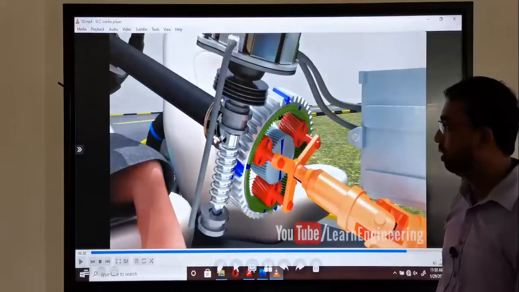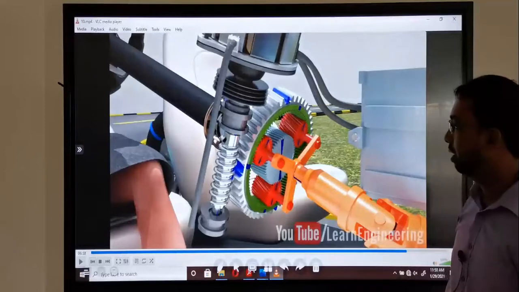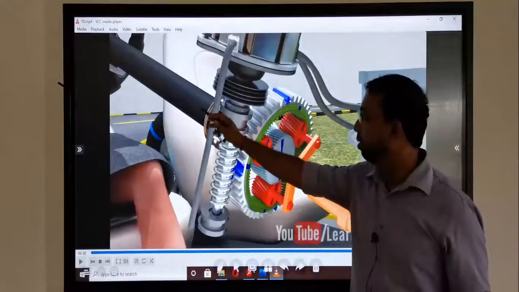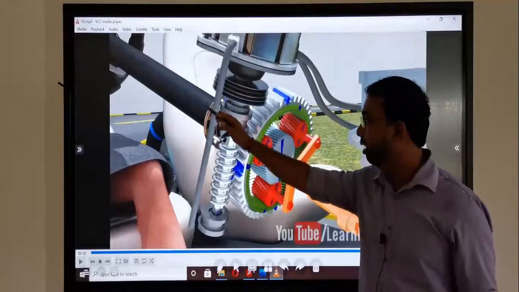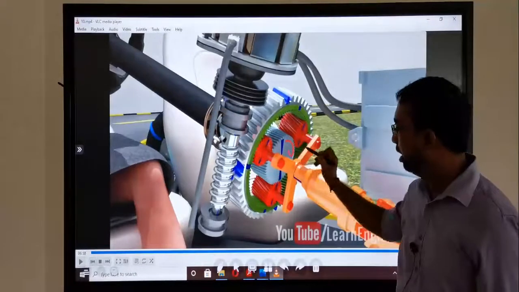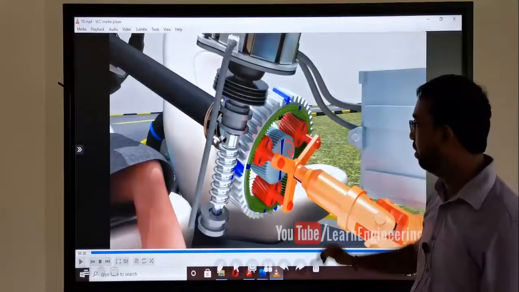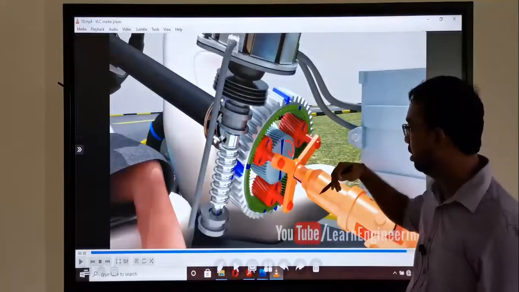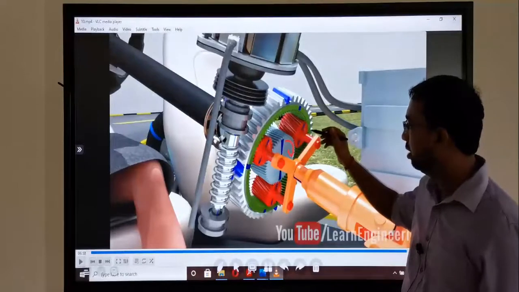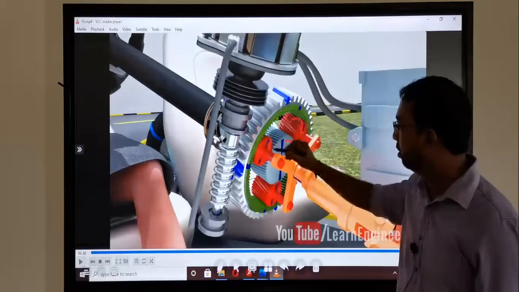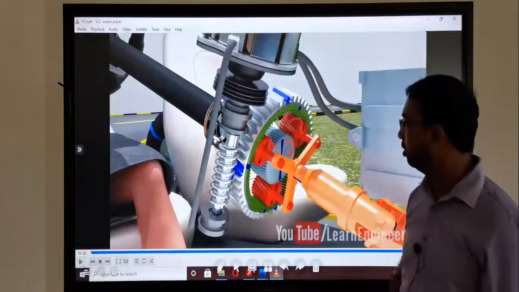So there are 2 motions, just think. In normal time, when the steering wheel rotates, the sun gear also rotates, and the ring gear also rotates.